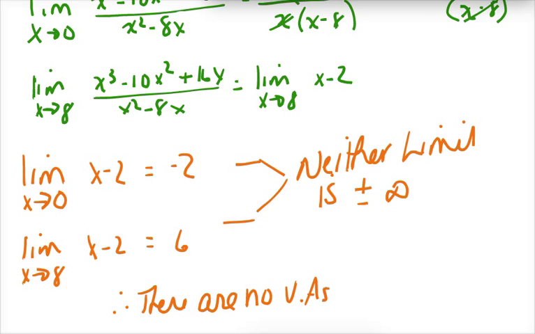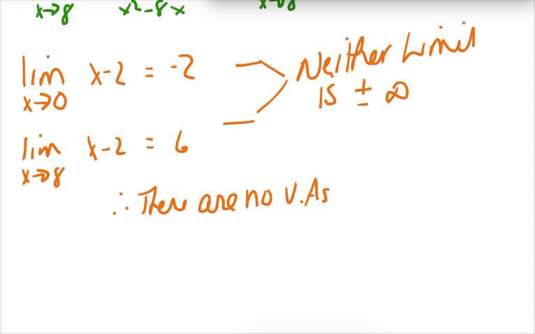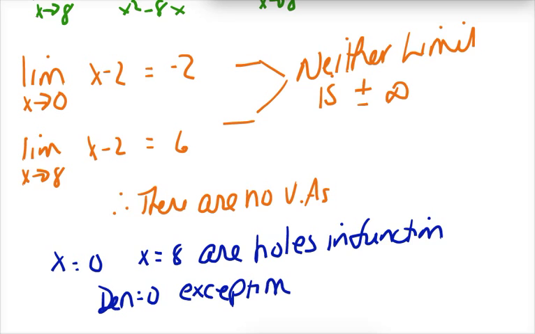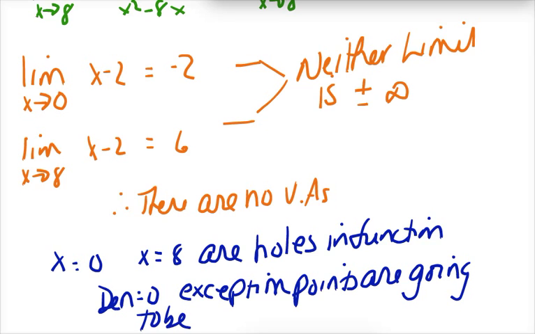In fact, we can take this a step further and say that x equals 0 and x equals 8 are holes in the function. So when you set the denominator equal to 0, those points, or those exception points, are going to be either vertical asymptotes or holes.